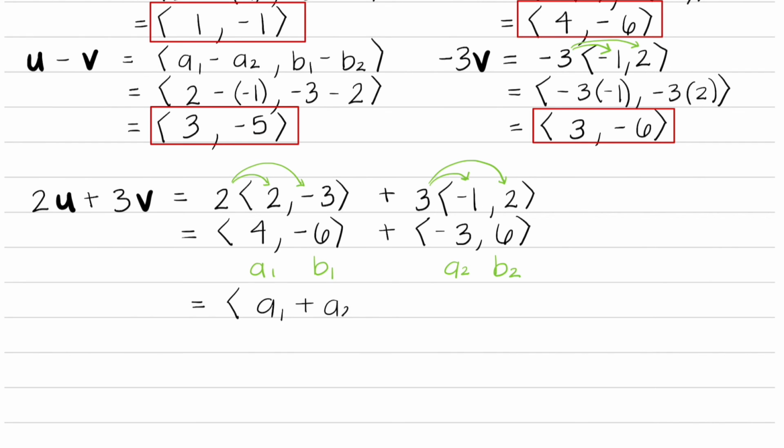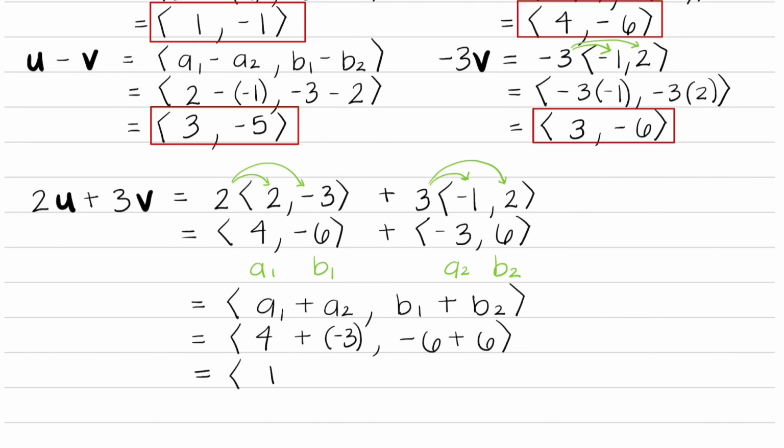The vector will be a1 plus a2 and b1 plus b2. Let's plug in our a's and our b's. So we have a1, 4, plus a2, negative 3, and b1 is negative 6, plus b2 is 6. So 4 plus negative 3 is 1, and negative 6 plus 6 is 0. And this vector is our solution.